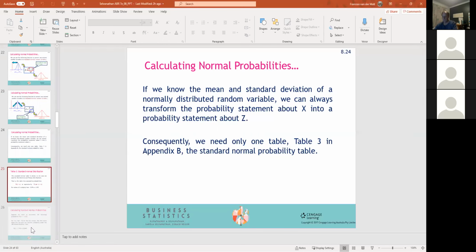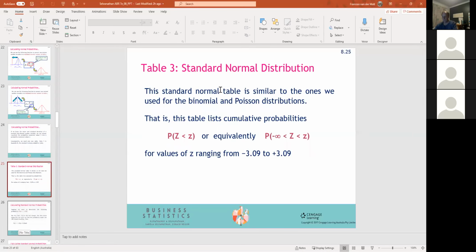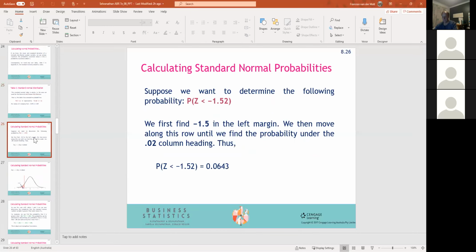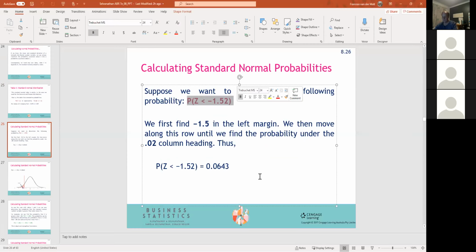So they go through how this distribution works. For instance here, calculating the standard normal distribution, we want to calculate this. Let me go and do it for you in Excel.